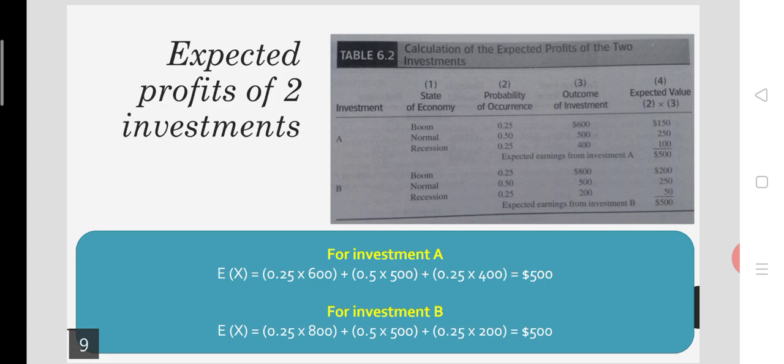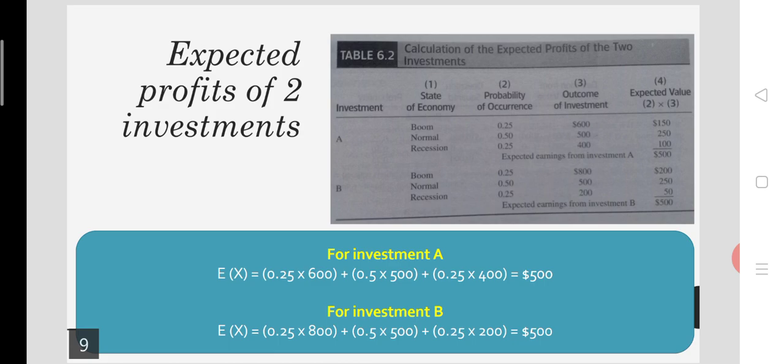Then the third status of the economy is a recessionary trend with the probability of 25% or 0.25, and the outcome will be 200. Then 200 into 0.25 is 50. Then the sum of expected value of investment project B is 500.